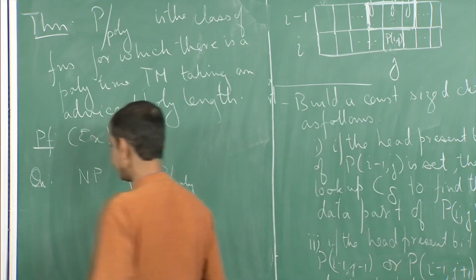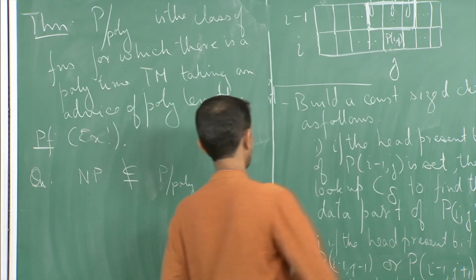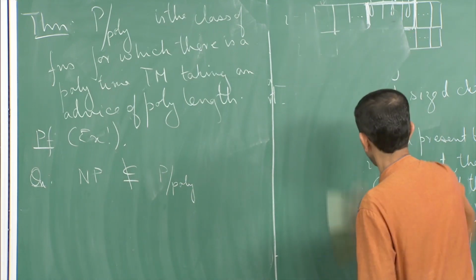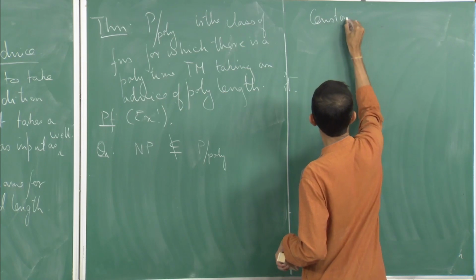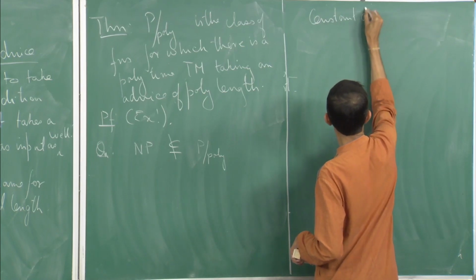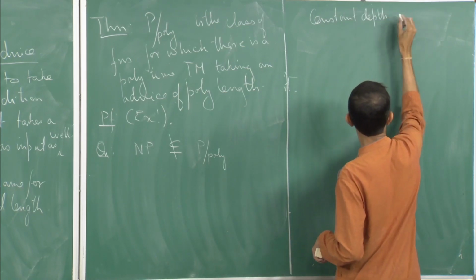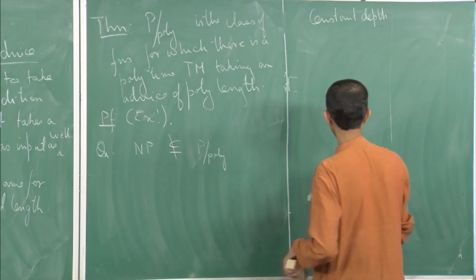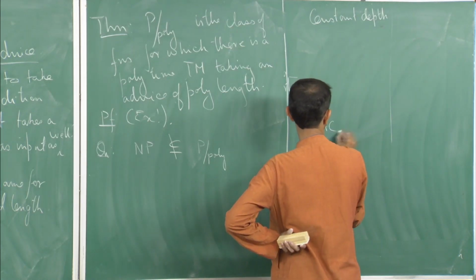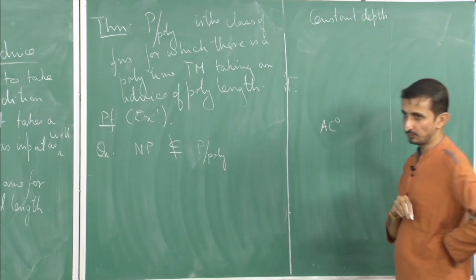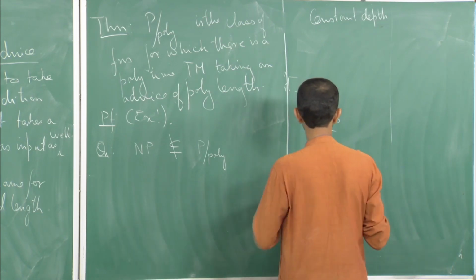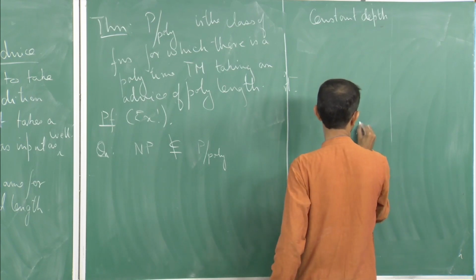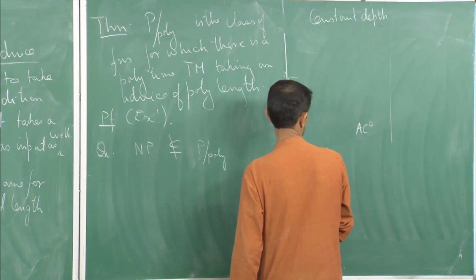So, for constant depth, what is known is, if we move to constant depth over here, we have, for example, AC0, and there is this famous result by several people.